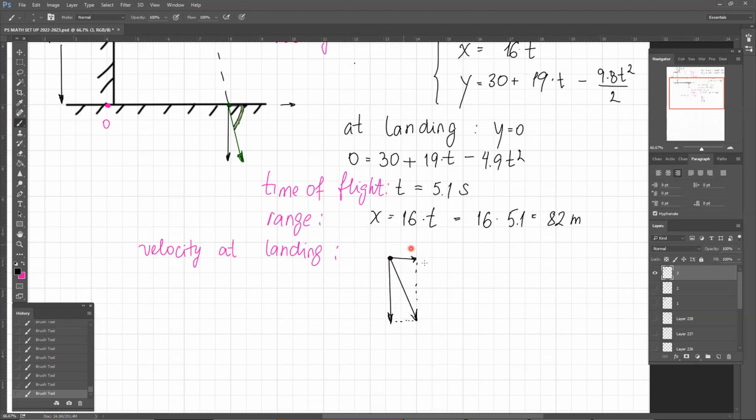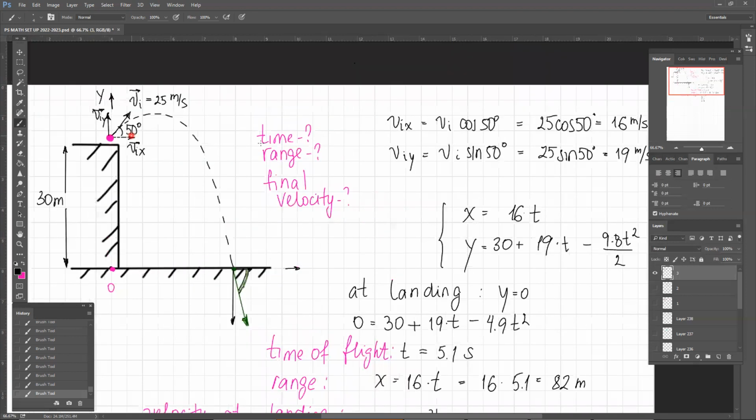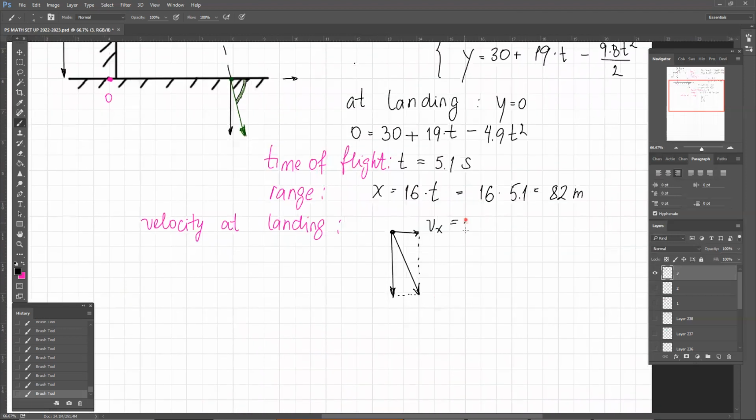I insisted that you observe the horizontal component, which was not changing. Whatever horizontal component I had initially, which is 16, it will actually stay as 16 throughout the whole travel time.